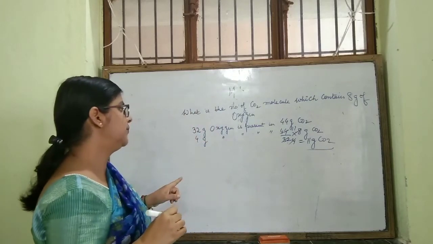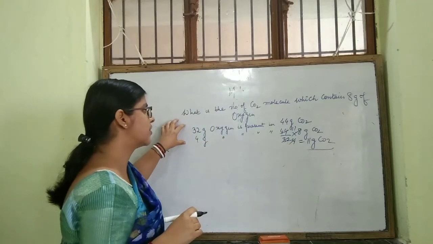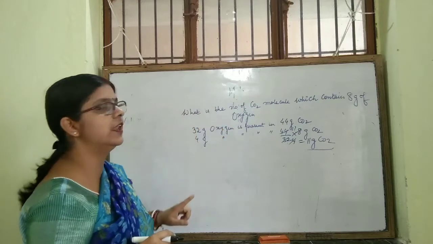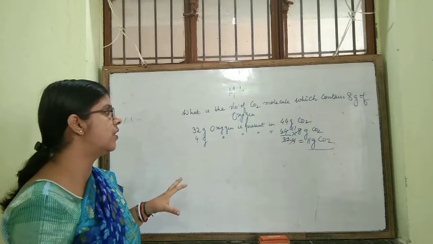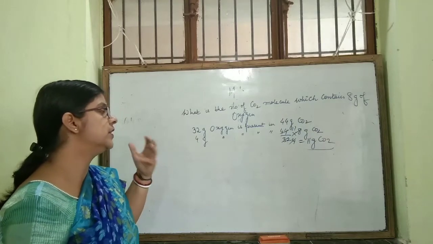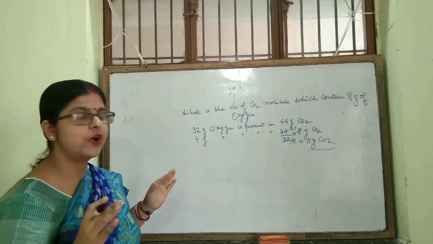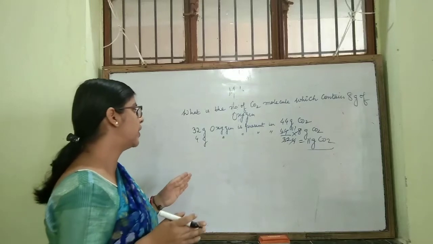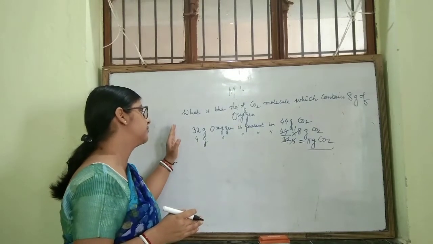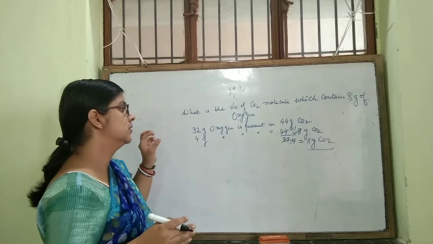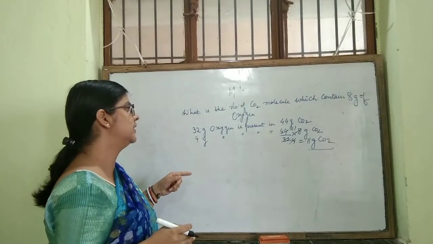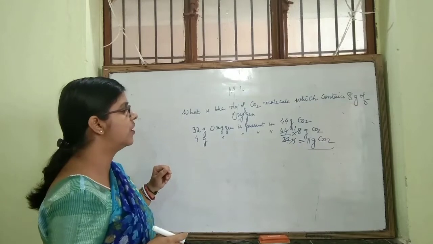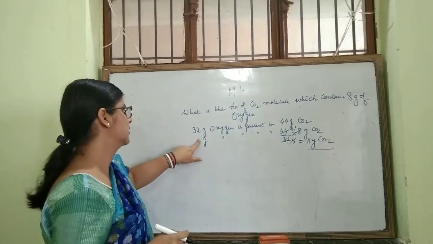So you see how we are solving: since it is given in terms of mass and you are asked to find out in terms of molecules, we are finding out the mass of carbon dioxide which contains 8 gram of oxygen.